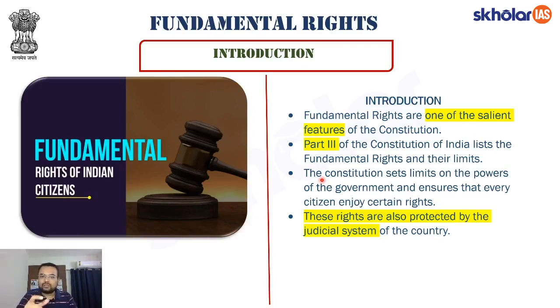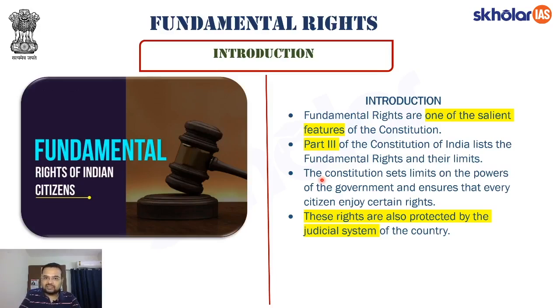Essentially, what we know is that the government has been authorized by the Constitution to exercise authority, to exercise power. Now, certainly it cannot be that in a democracy, the government in itself becomes tyrannical, starts acting in a manner in which it compromises some of the basic rights of the people.